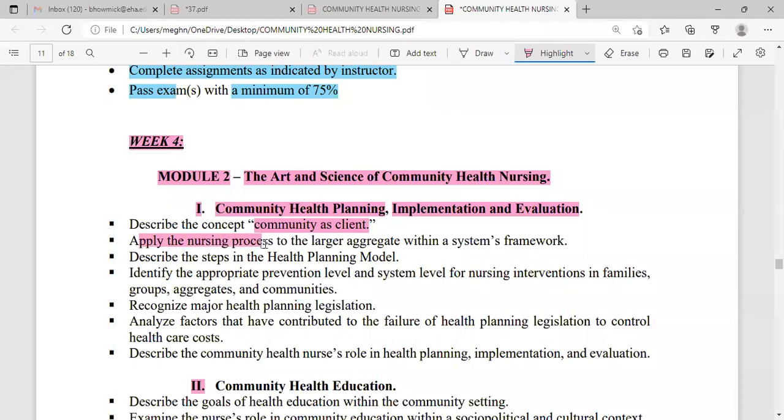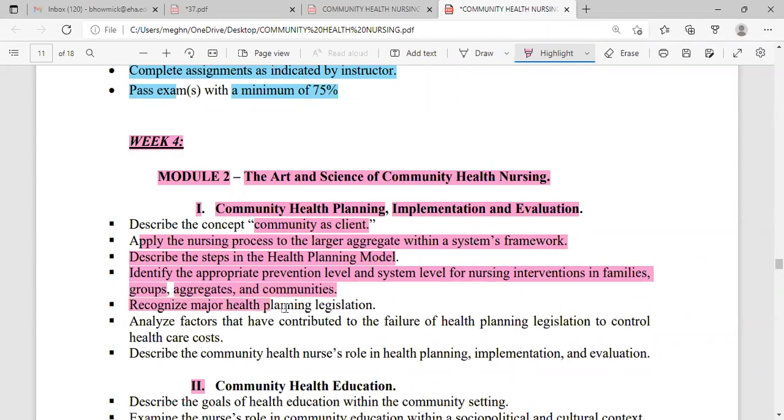Apply the nursing process to the large aggregate within a systems framework, and describe the steps in the health planning model. Identify the appropriate prevention level and system level for nursing intervention in families, groups, aggregates, and communities.